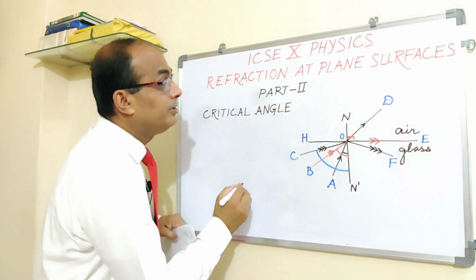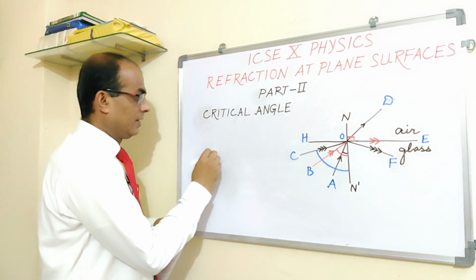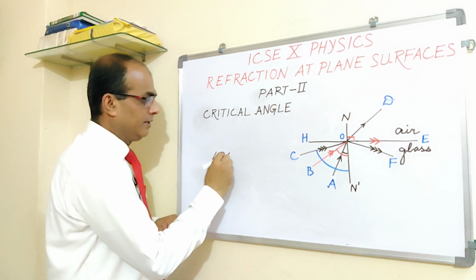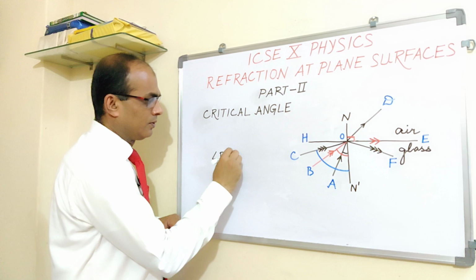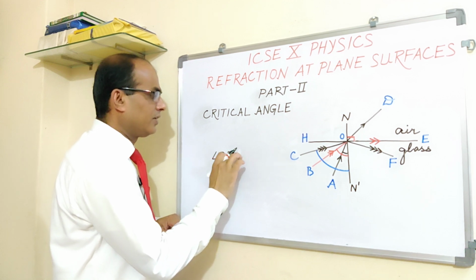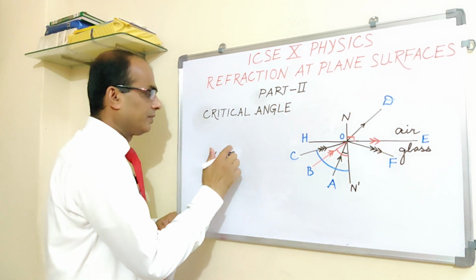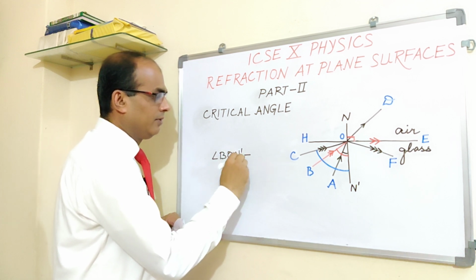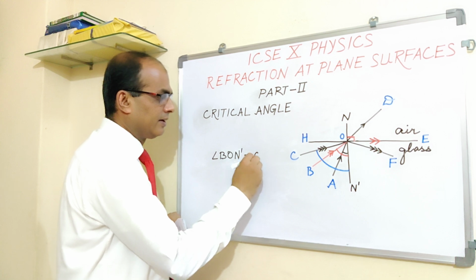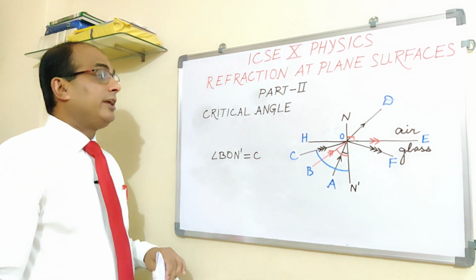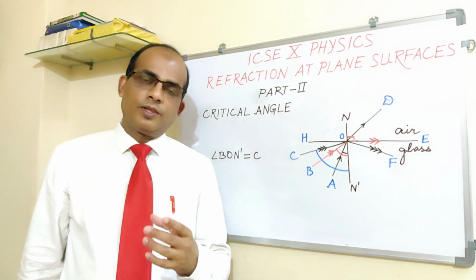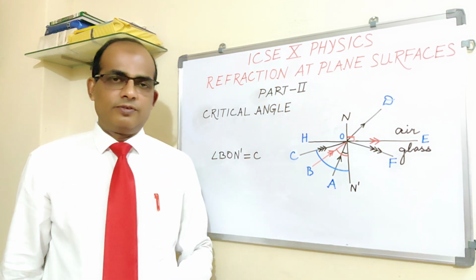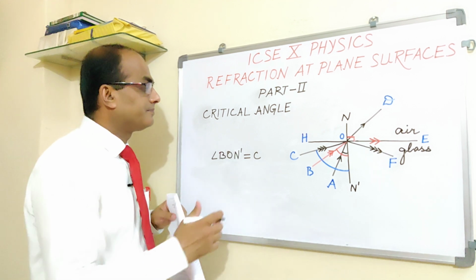This angle BON dash is the critical angle, and we represent critical angle by the letter C, or IC also we write.